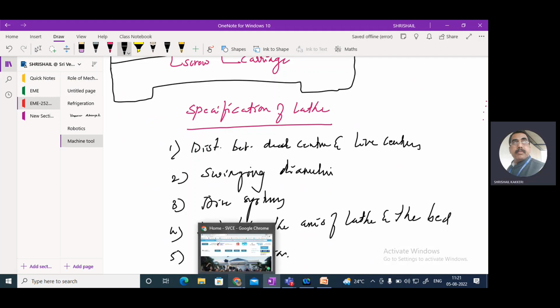What is the kilowatts of the motor? Whether it is 10 kilowatts, 20 kilowatts, whatever it is, that will decide the strength of the machine. So these are 5 important specifications which we essentially need to remember. Apart from this, many others may be there, which we can discuss later.